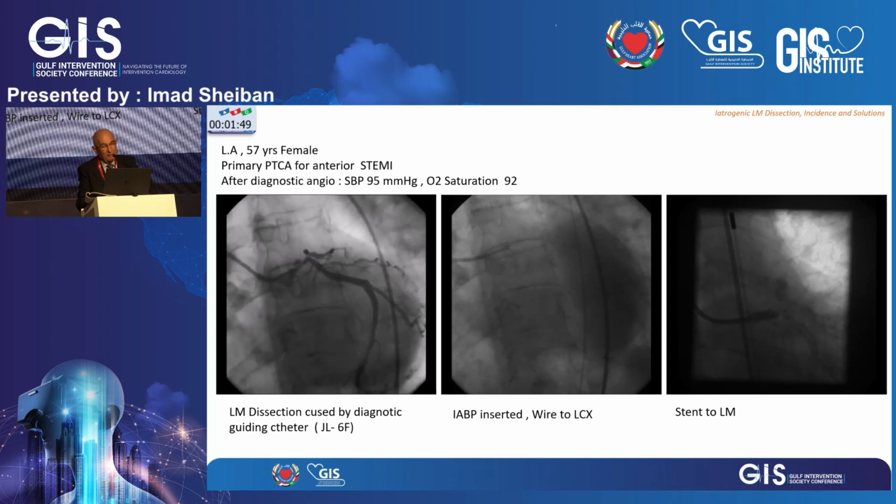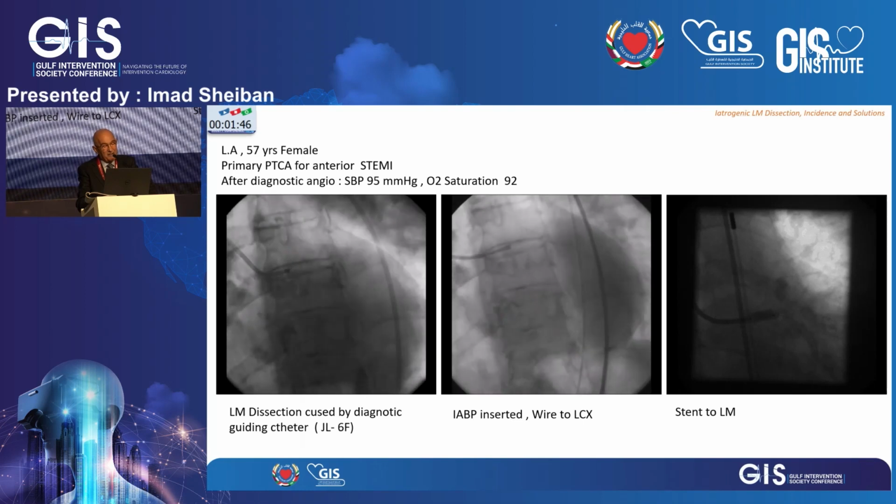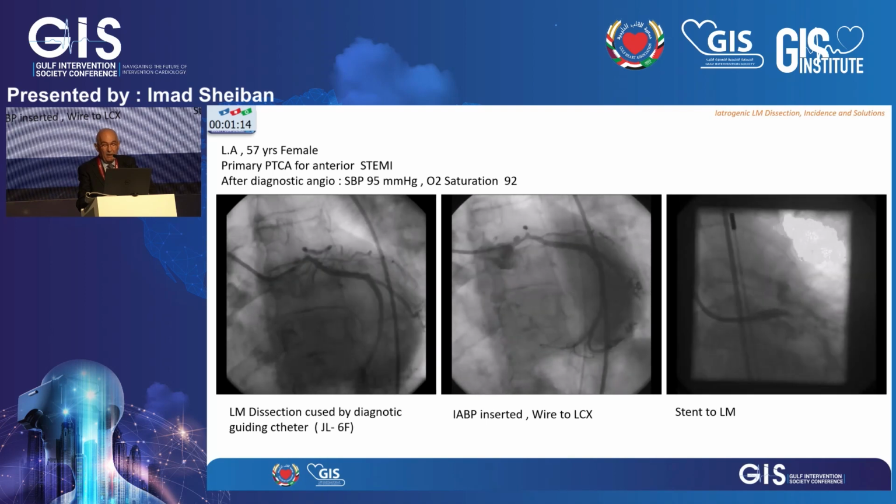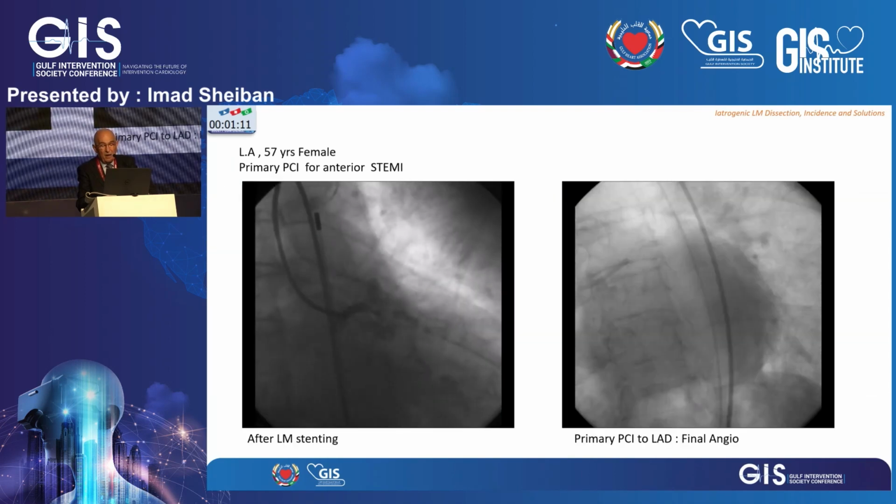Another case with dissection caused by guiding catheter, just the first injection in primary angioplasty for anterior STEMI, and you can see the dissection on left main because of deep intubation of the catheter injecting the contrast. And in this case, again, the first thing to do is to fix this dissection with wiring LCX and stenting left main, and then completing the primary PCI to LAD.